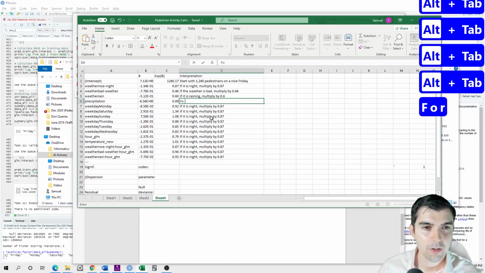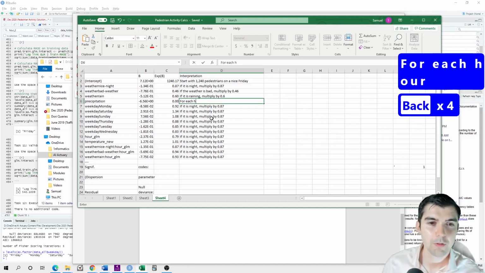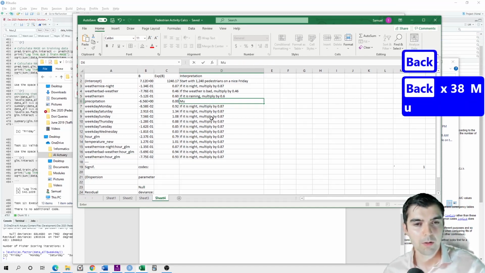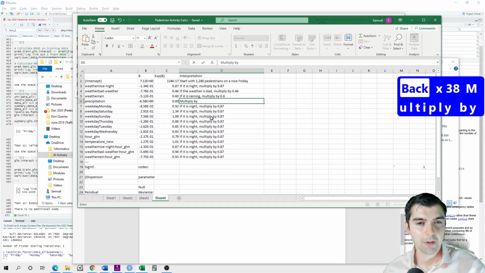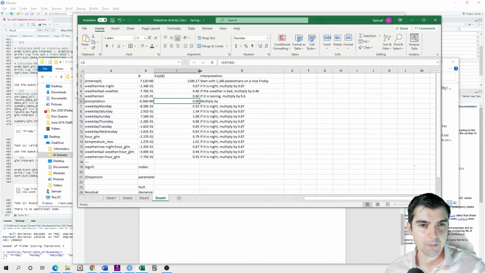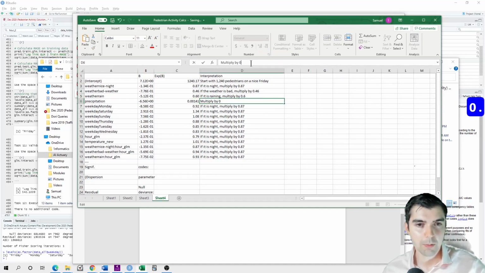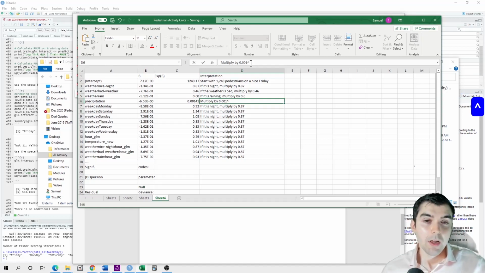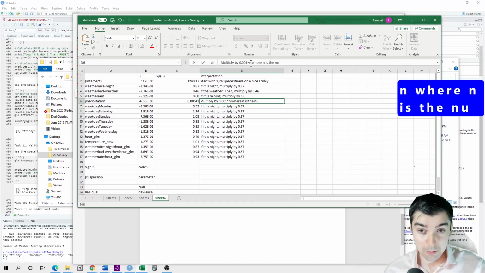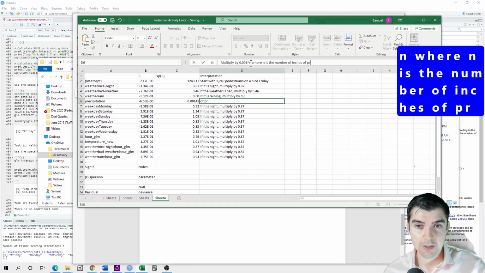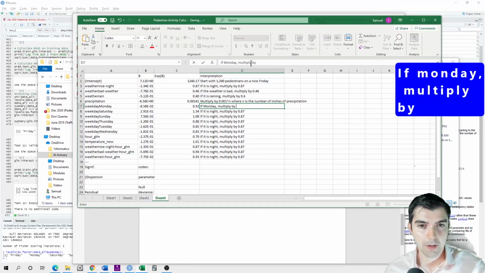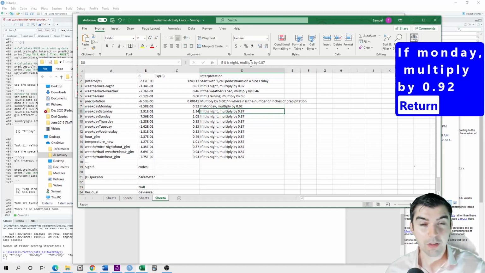So for each inch of precipitation, multiply by something. We round this. This is basically 0.001 to the power n, where n is the number of inches of precipitation. And then if it's Monday, by 0.92, and you just do the same for all of these other factors.